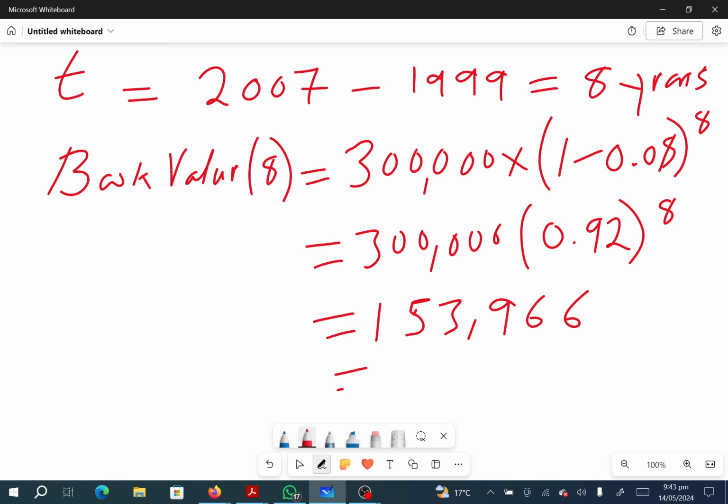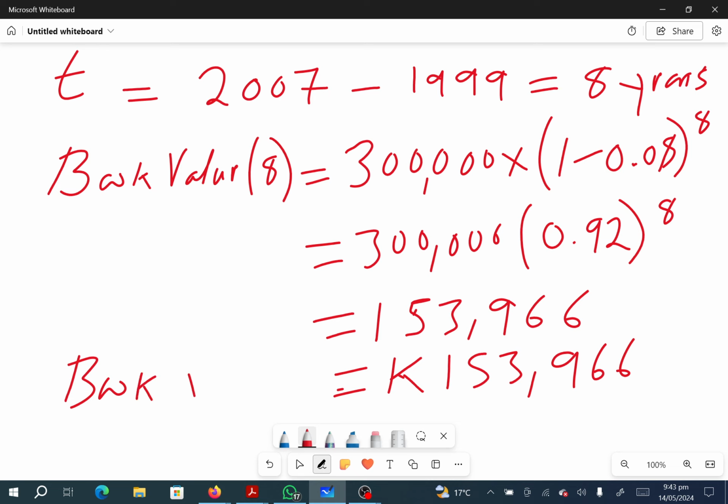So we can say therefore the book value at 8 years will be 153,966. So this is the book value. Is that okay?